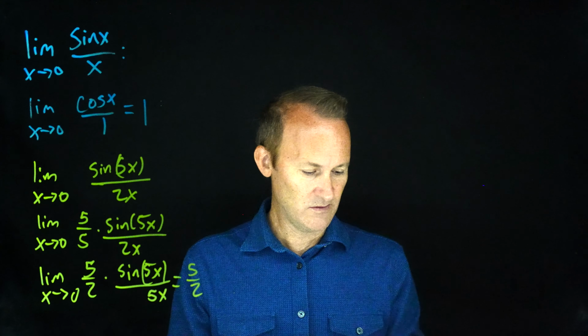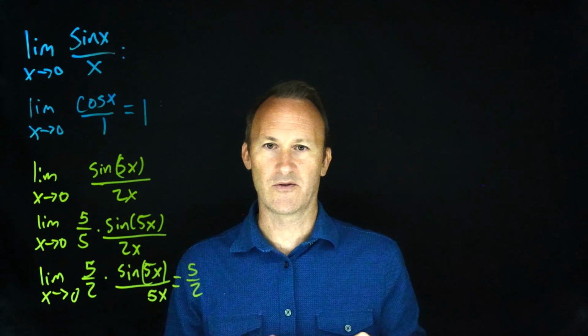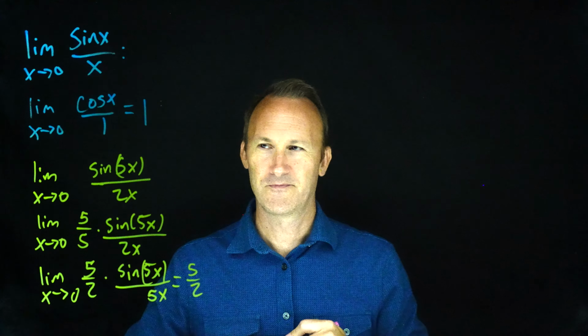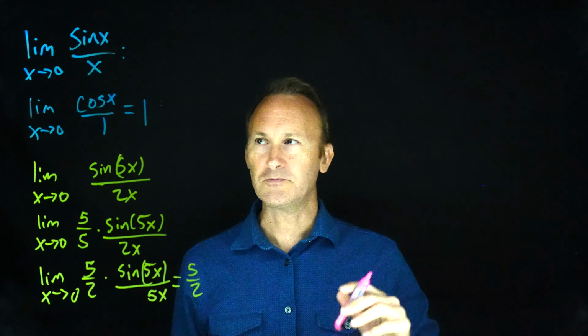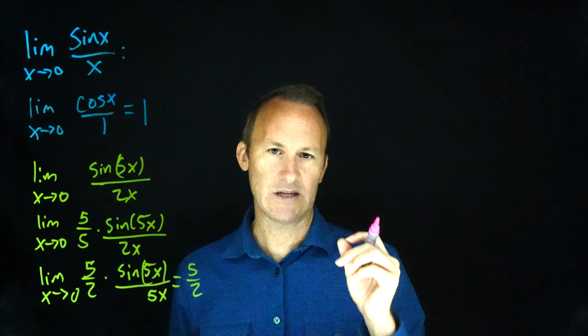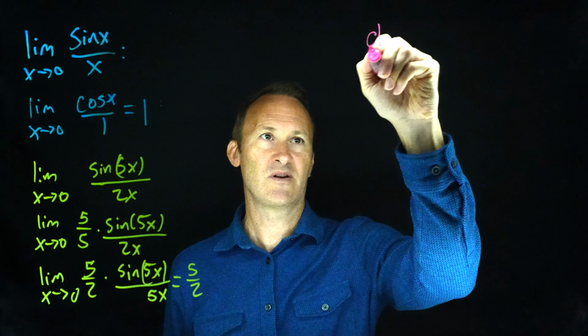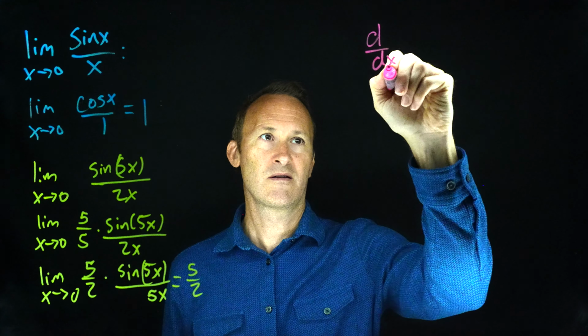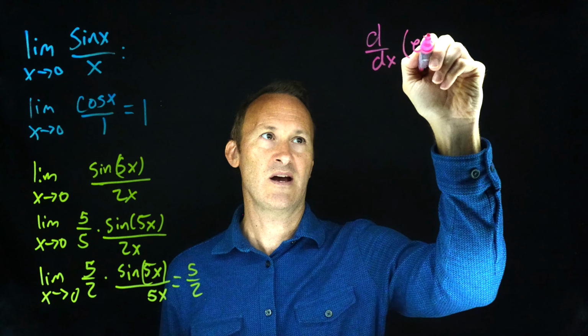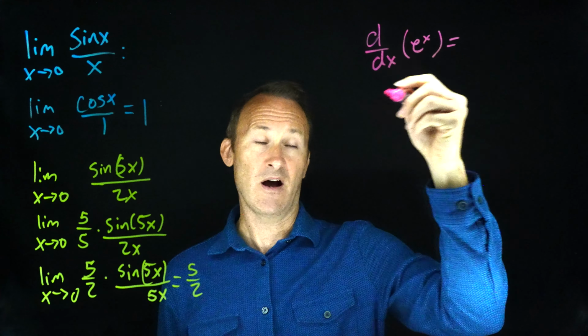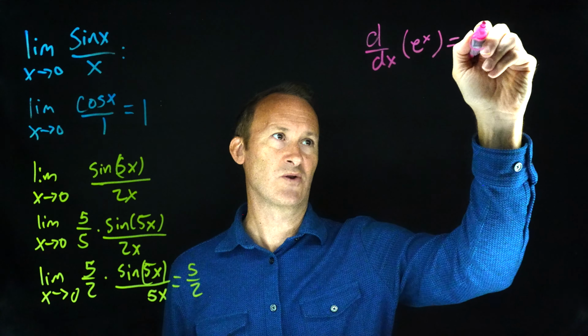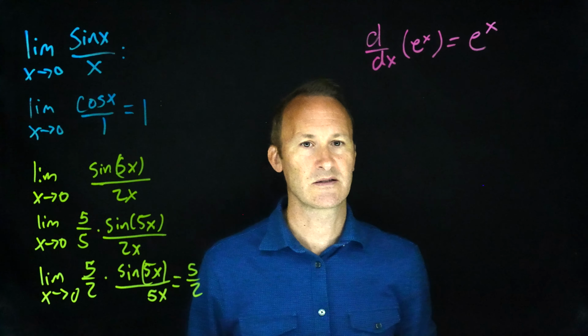So let me now get to another limit that you may have seen, and I want to start with the derivative of e to the x. So we've said that the derivative of e to the x is e to the x, right? That's that operator notation. Take the derivative of what's in the parentheses and it's e to the x.